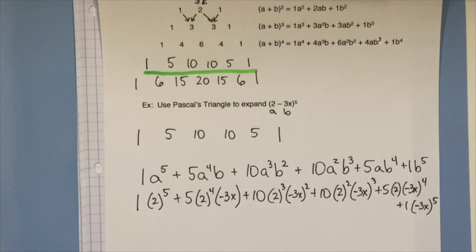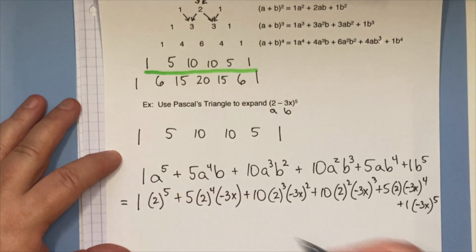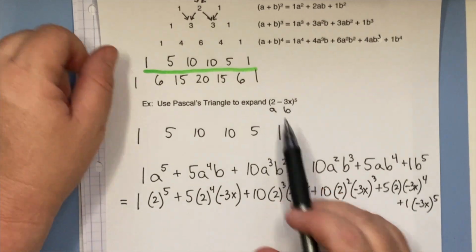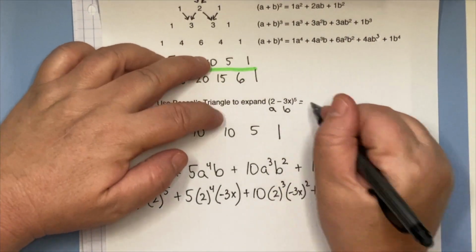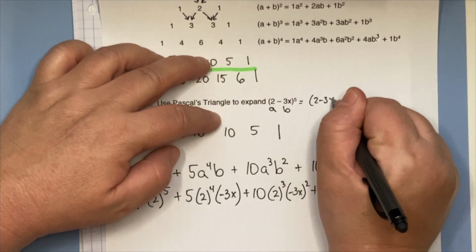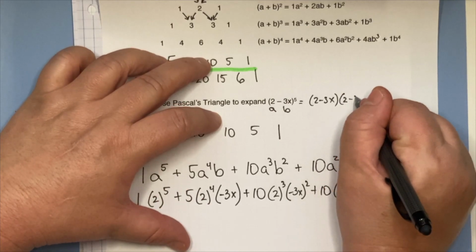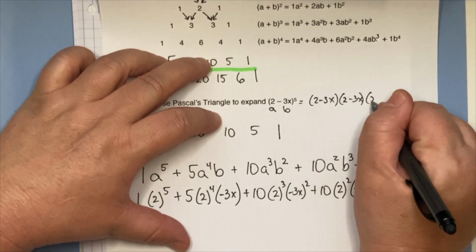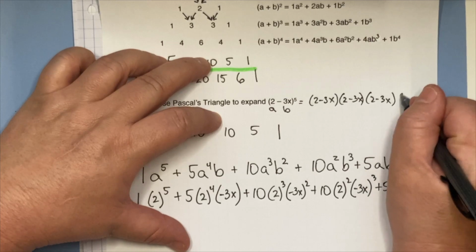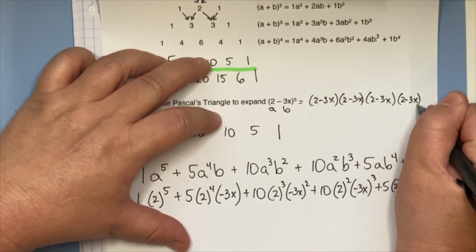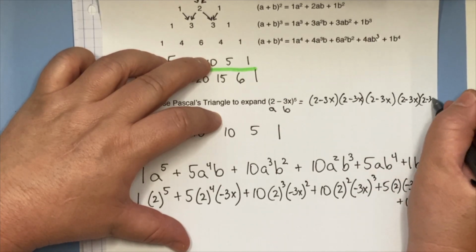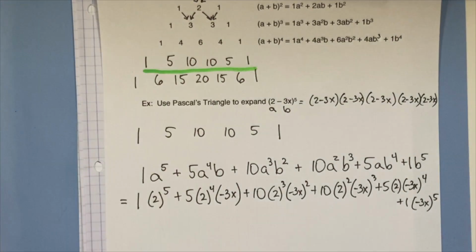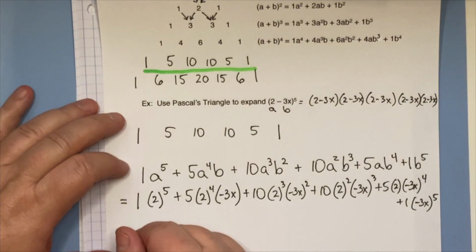Okay, so I agree that is not the most beautiful looking thing, but compared to multiplying this out, and keep in mind this would be 2 minus 3x times 2 minus 3x times 2 minus 3x times 2 minus 3x times 2 minus 3x, you'd have 5 of them. That would be a lot of work, and this is going to simplify your work a lot.